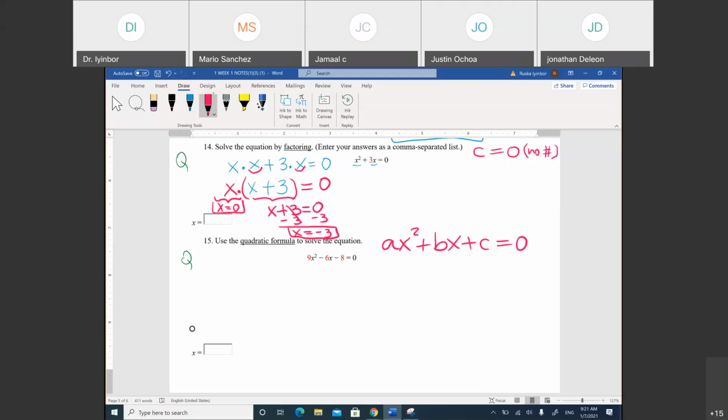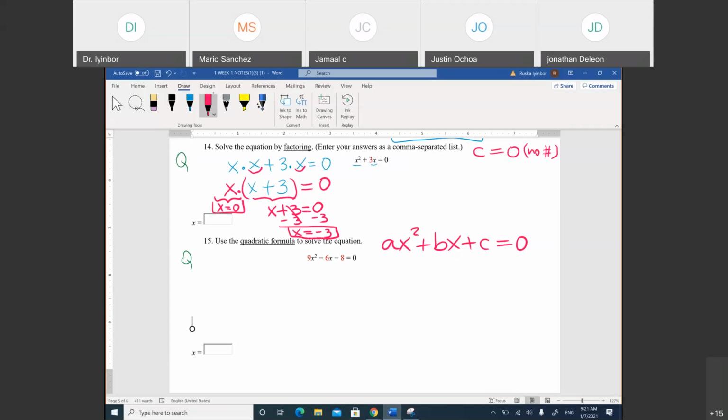If your equation has exponent 3, if it's x cubed, you're going to get a maximum of 3 answers, 3 numbers for x. Okay, make sense? So the highest exponent in your equation tells you how many solutions you're going to get. So remember, when you solve a quadratic, you're always going to get 2 answers.